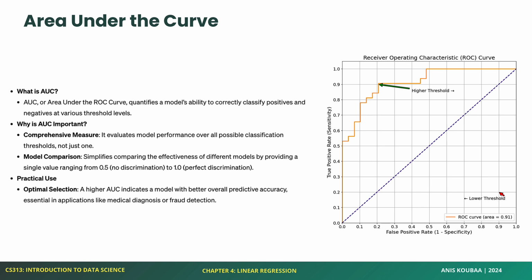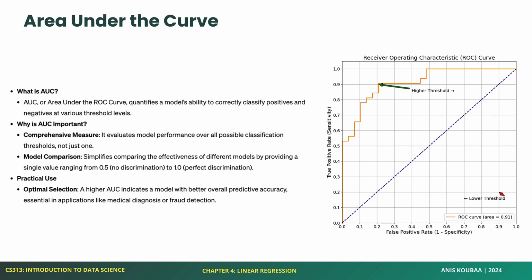So how do you know which threshold is the best for our model? It depends on how you define it, whether you focus on the accuracy, the precision, or the recall. Because when you change the threshold, the recall has increased and the precision has decreased.